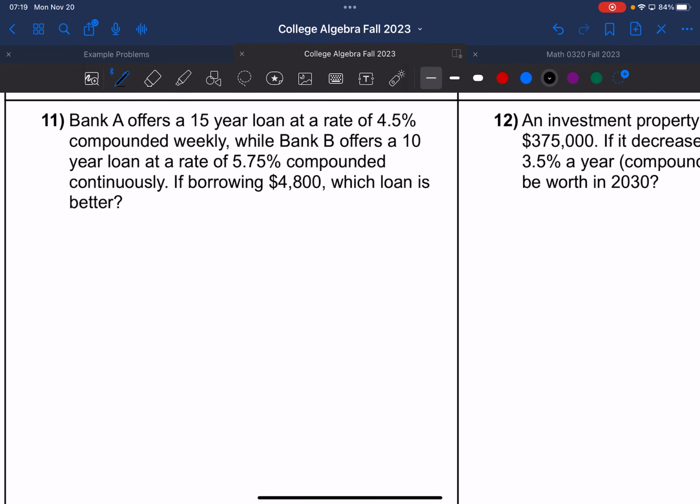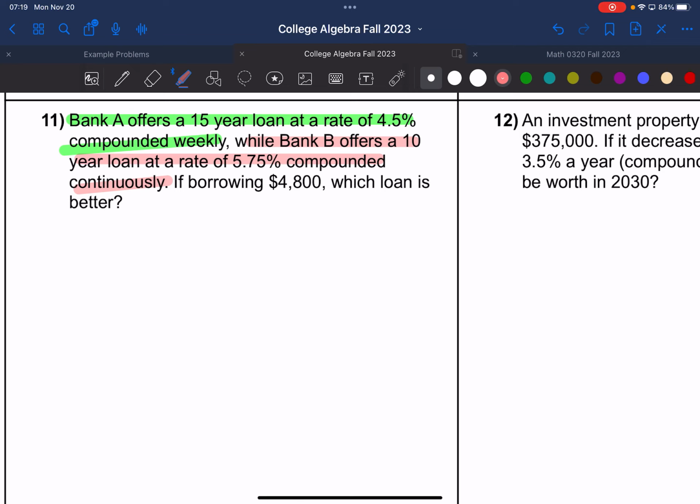Number 11 says Bank A offers a 15-year loan at a rate of 4.5% compounded weekly. So this is A. While Bank B offers a 10-year loan at a rate of 5.75% compounded continuously.